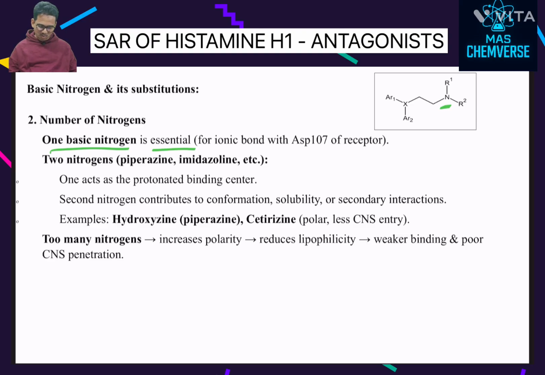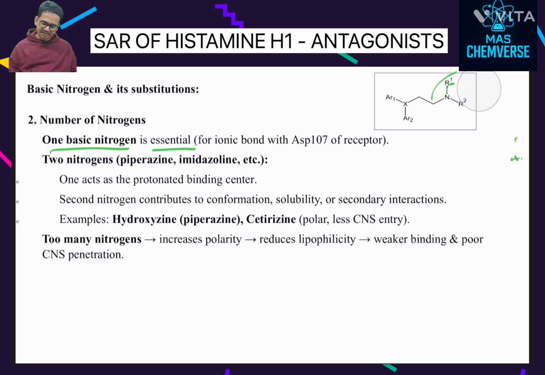If it has more nitrogens, then more nitrogen means it should go into the form of cyclization, like piperazine, the piperazine derivative of the antihistamine. If it undergoes cyclization, then the activity is going to increase.